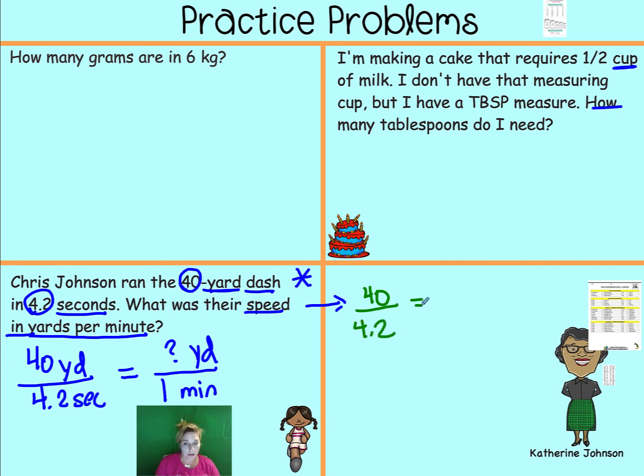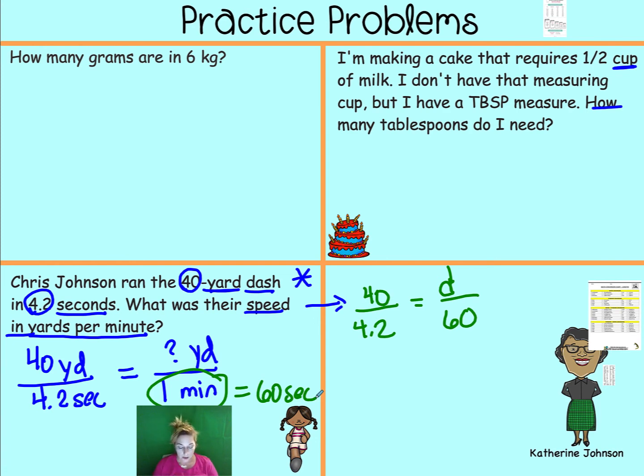So 40 yards is 4 2/10 seconds. But now I don't know how many yards, so I'm going to put D for distance. And I'm going to do 60 here because 1 minute is equal to 60 seconds. And now I'm in business.